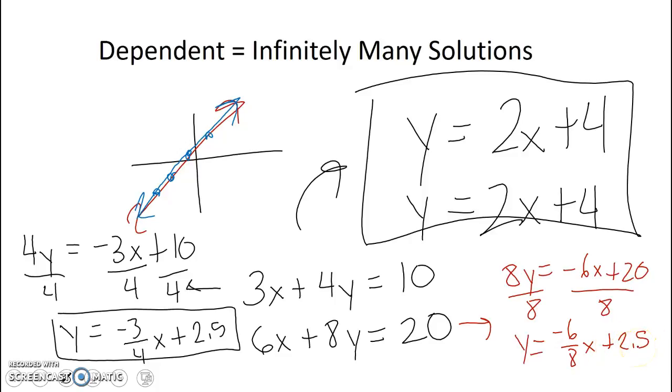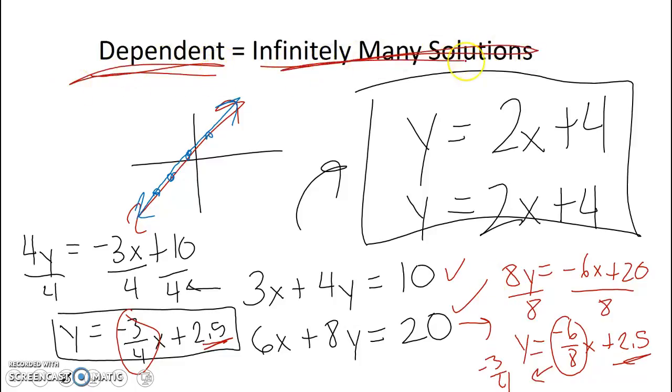And you might go, well, these don't seem to be the same. But if you reduce this fraction, you would see that this really is 3/4, and these things are, in fact, the same line. So again, dependent means that they have infinitely many solutions, or they're the exact same line.